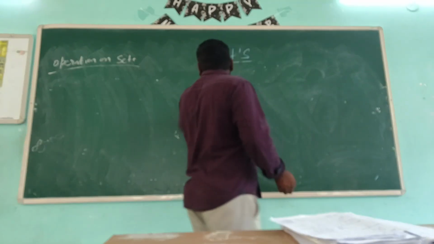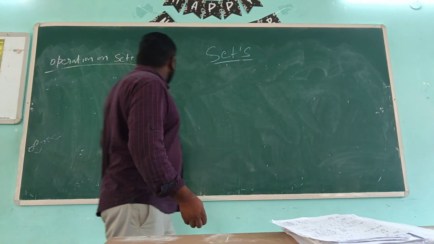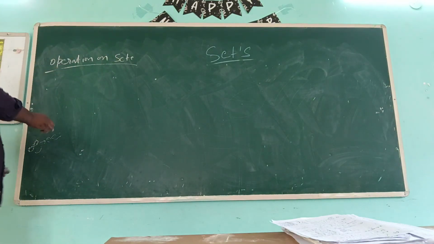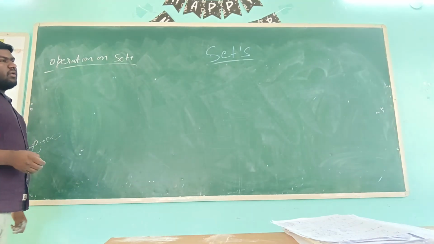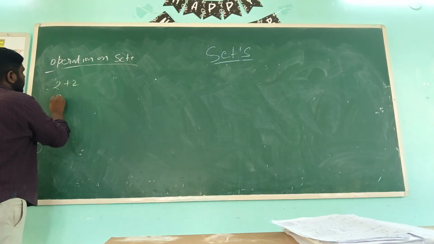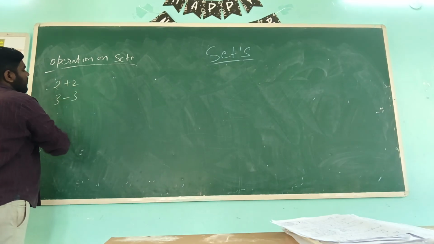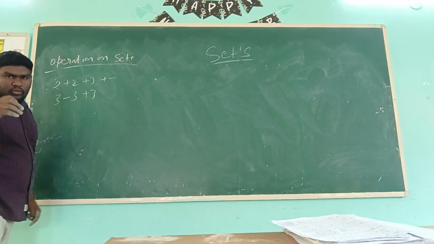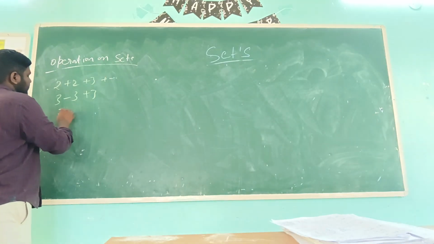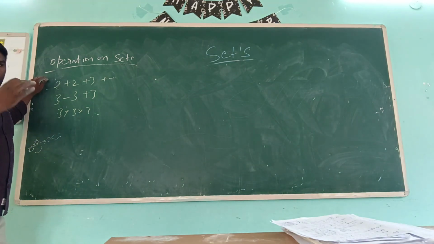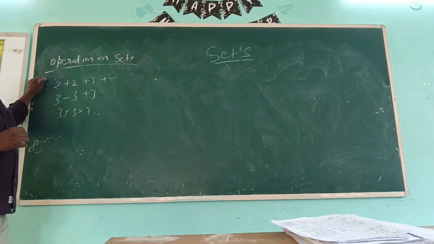Why do we need to study this topic? My dear students, up to 10th standard we have studied operations on numbers like addition and subtraction of two numbers, or three numbers, up to 100 numbers, and multiplication too. For some finite numbers, like 100 or 1000, it will take time.